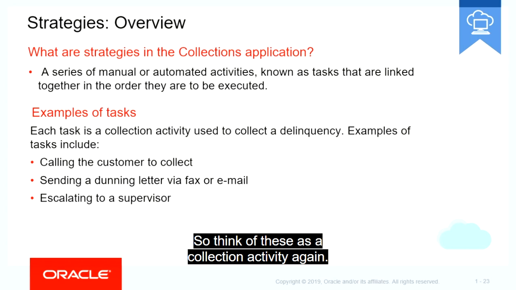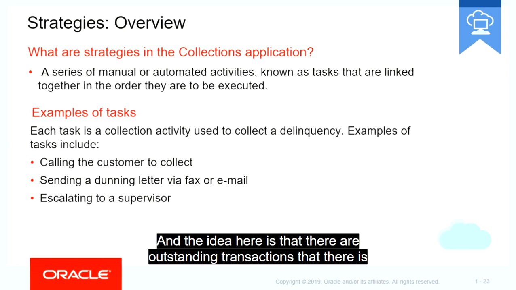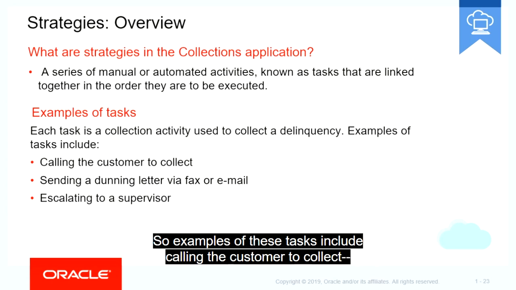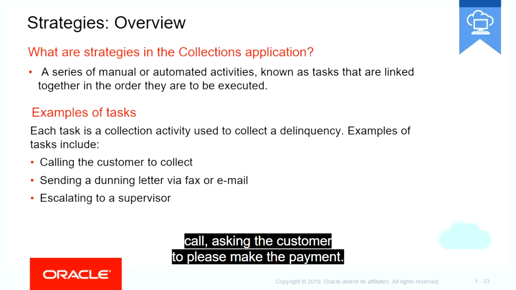So think of this as a collection activity again, and the idea here is that there are outstanding transactions, that there is a delinquency scenario for a customer. So examples of these tasks include calling the customer to collect. It can be a friendly phone call, or a more assertive phone call, asking the customer to please make the payment.